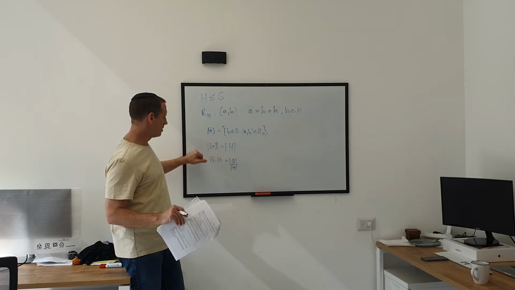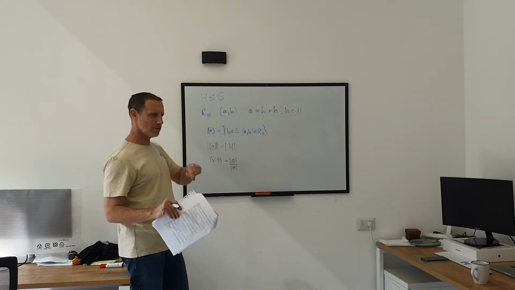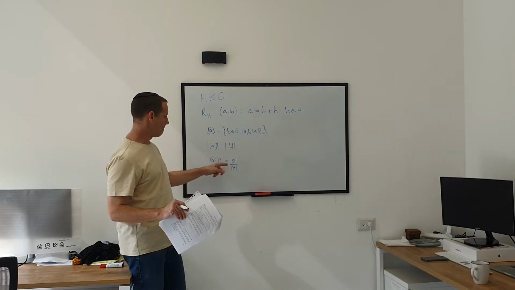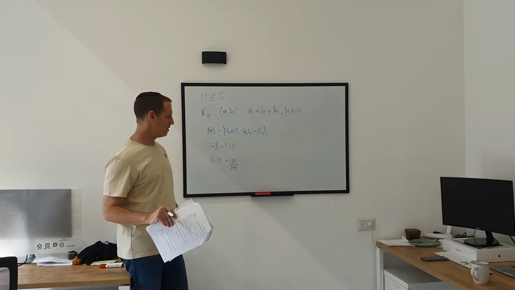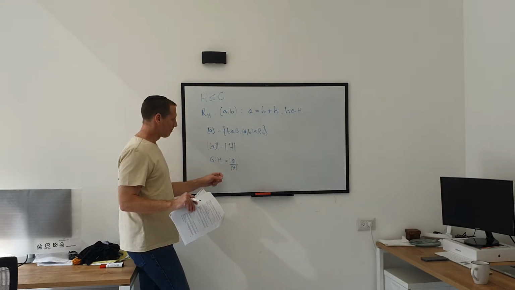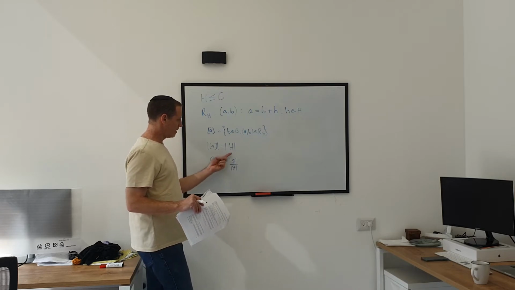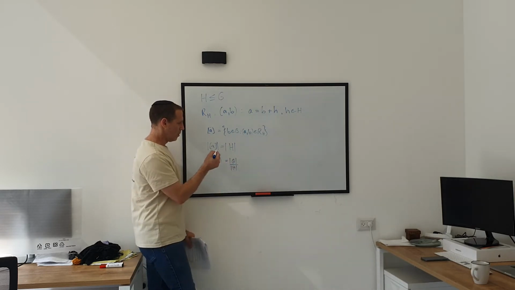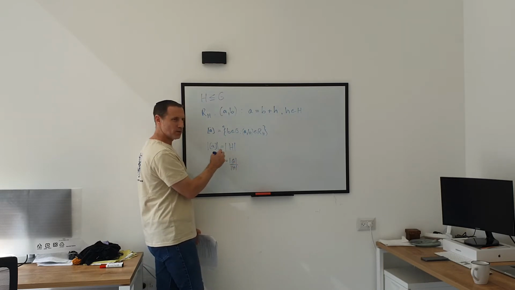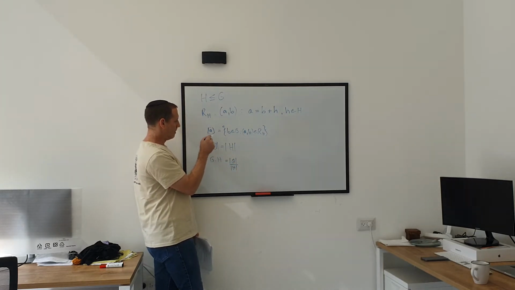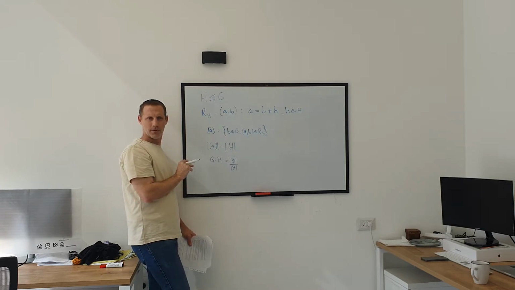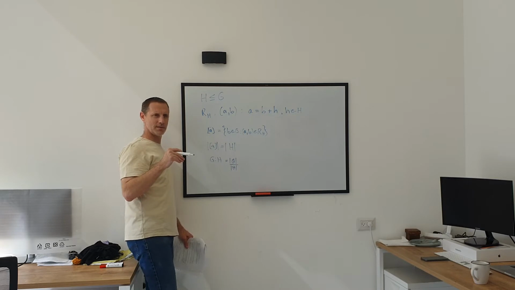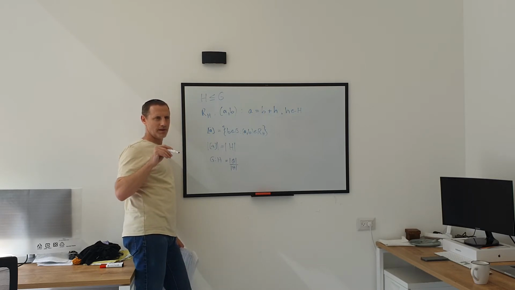If they're all of size H, they're unique, and they partition G, then the number of such classes is always the size of G divided by the size of H. Actually this is more general, because it says that no matter what, the size of any subgroup divides the size of the group. When we say it divides the size of the group, it means it divides it without remainder.